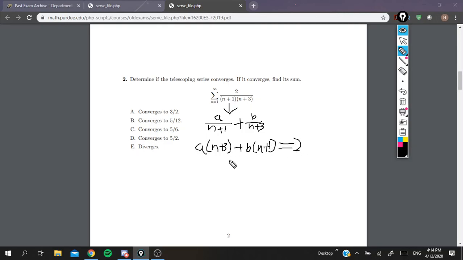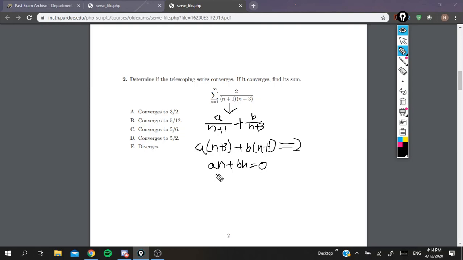Which this should be 2. So you will notice that there is no n on the right side. So it would be an plus bn equal to 0, as there's no n on the other side.